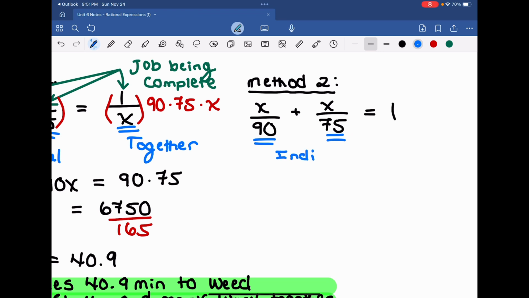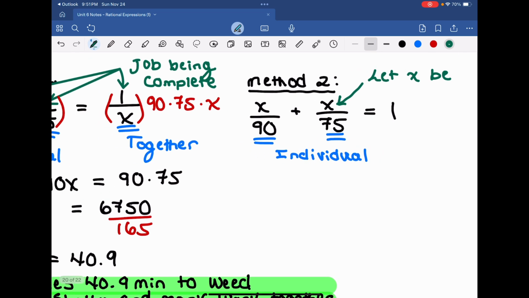These bottom ones, the denominators, are my individual effort. X: let X be the time together, and I'll just short form it as together. And on our right-hand side, this is a job being completed.